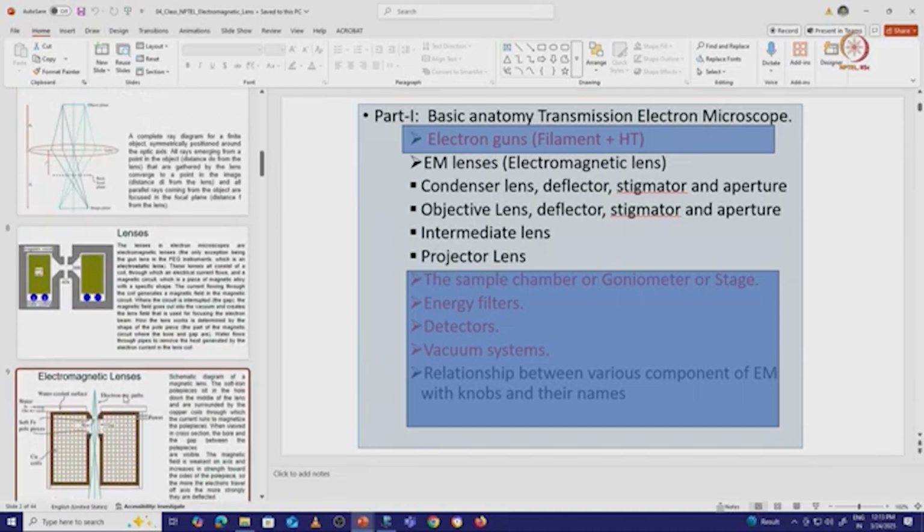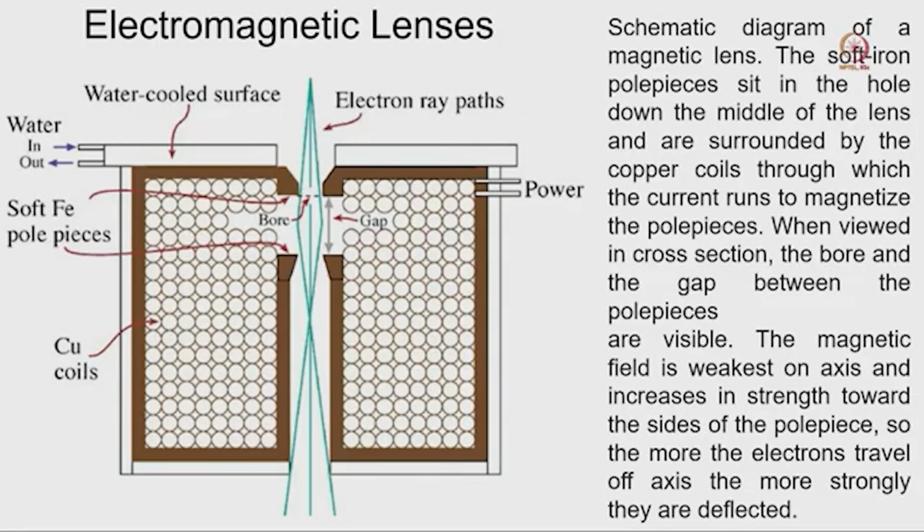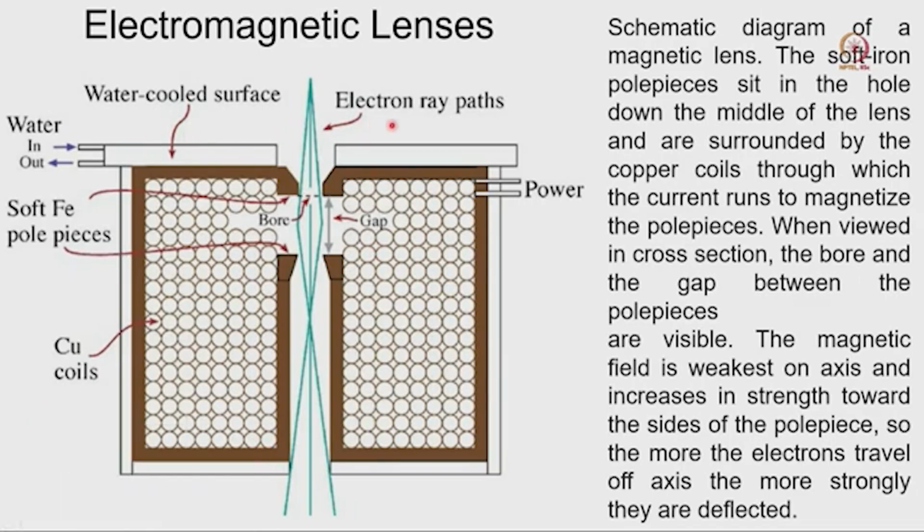This is a basic diagram of an electromagnetic lens where you can see there are two rectangular shaped structures. Basically, how we make an electromagnetic lens is with copper wire, and a bunch of copper wire is wound very tightly around a soft iron, so that when electric current flows through the copper wire, it generates a magnetic field and we are measuring that magnetic field here.